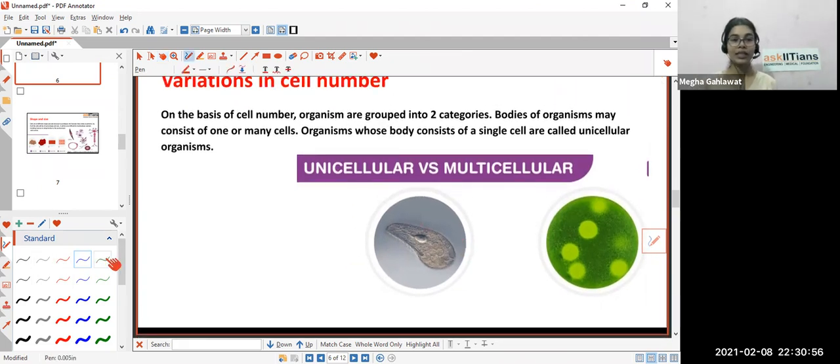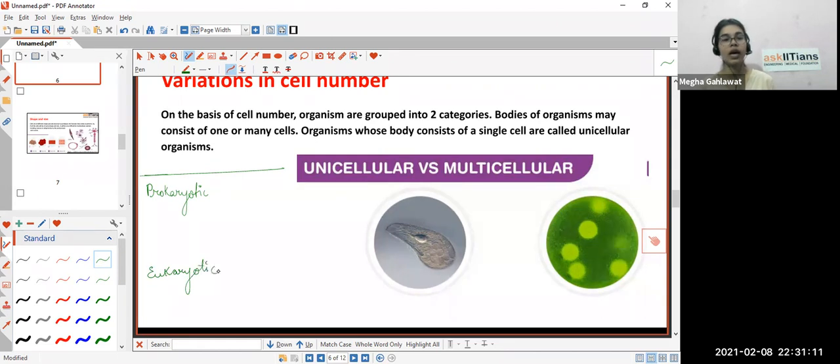But there's one small thing you need to note down here. We'll be discussing the prokaryotic and the eukaryotic. I'll just give you a little definition of both. Now understand this: pro means old, karyotic means nucleus, so having an old type of nucleus.